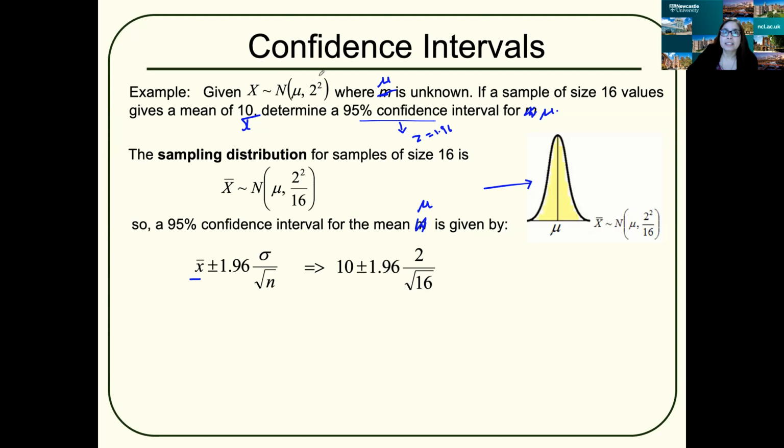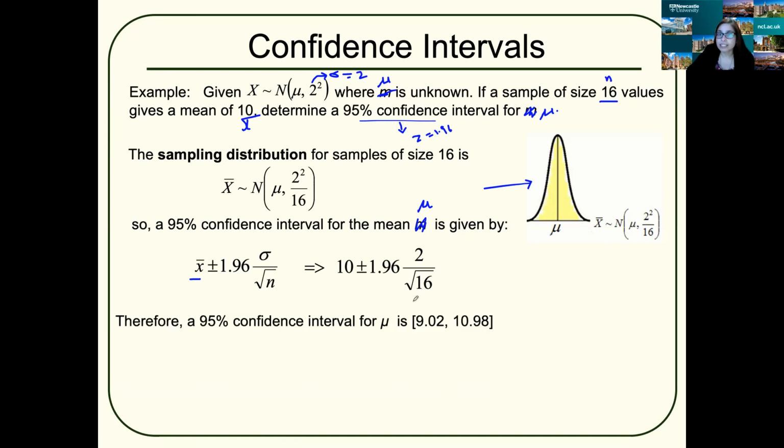Sigma is equal to 2, and that's your n value, the sample size. So when you substitute all those, you can find the interval, solving this using a calculator. This clearly means that you are 95% confident that your true population mean lies between these limits.